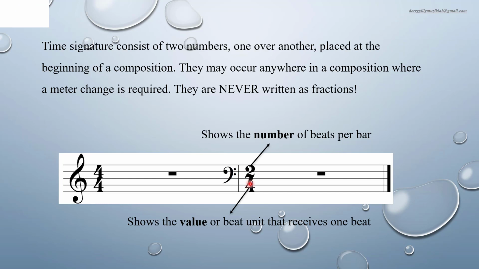In our previous lessons, we said that the value of this is what? A crotchet. So if that is the case, the number of crotchet beats in a bar is 2. So in this bar, you could see that 2 crotchets are placed here. But if you look at this one, it's going to show us that 4 crotchet beats are placed in this bar.